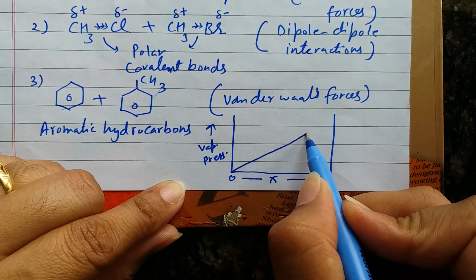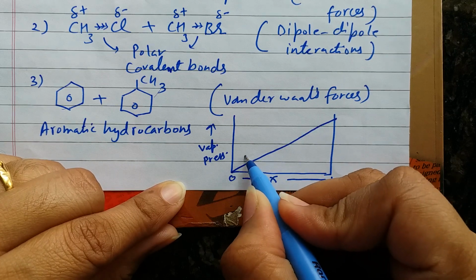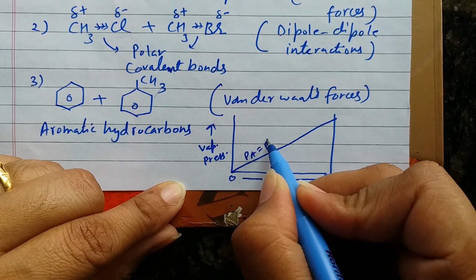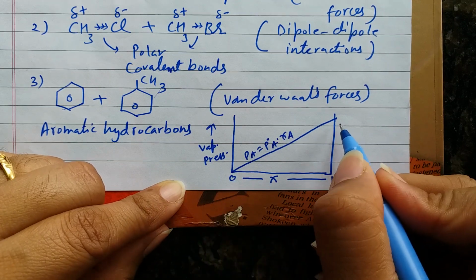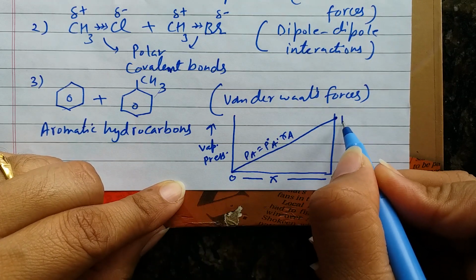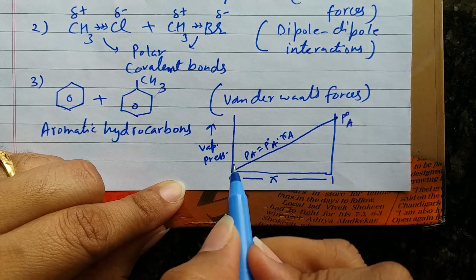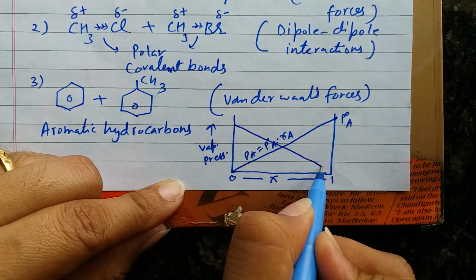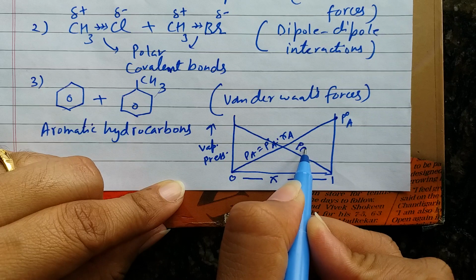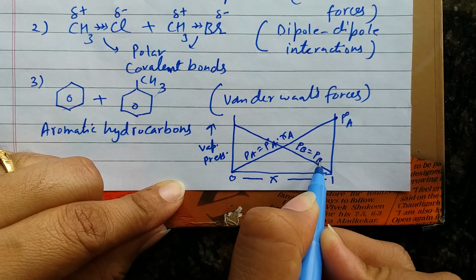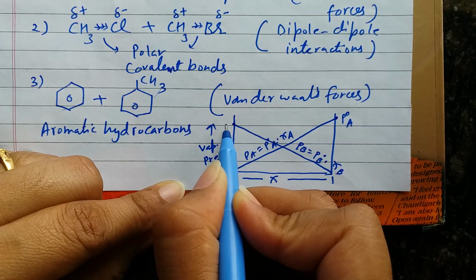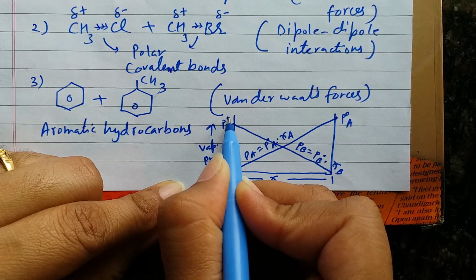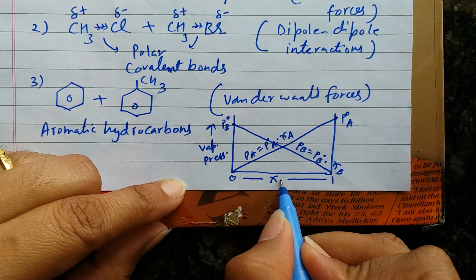It will be obeying Raoult's law. So this will be the variation of PA, which is equal to P naught A into chi A, and this will be the highest point, P naught A. Likewise, similar will be the variation of PB, which is equal to P naught B into chi B, and this highest point is P naught B. So this is chi A.